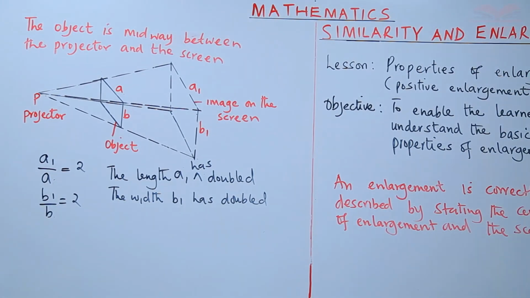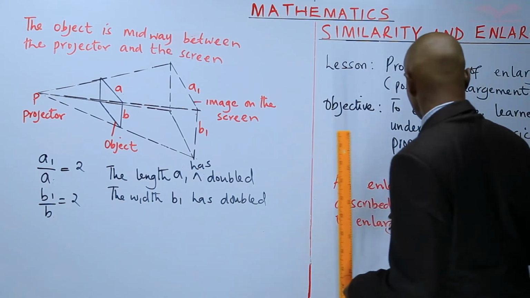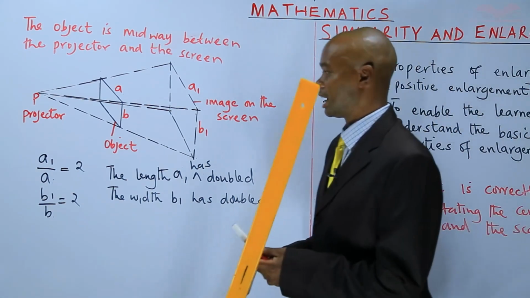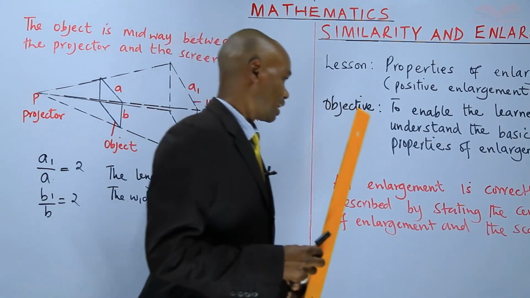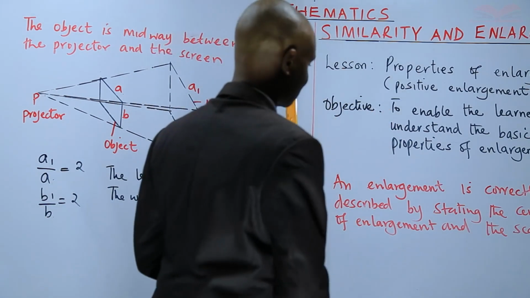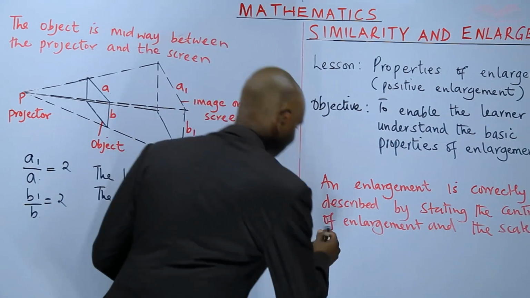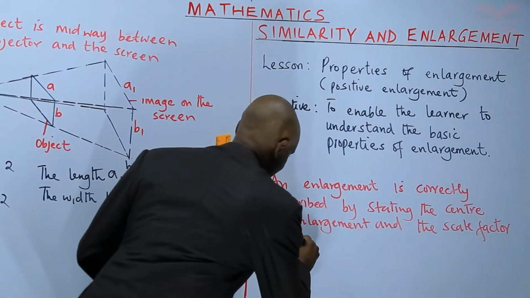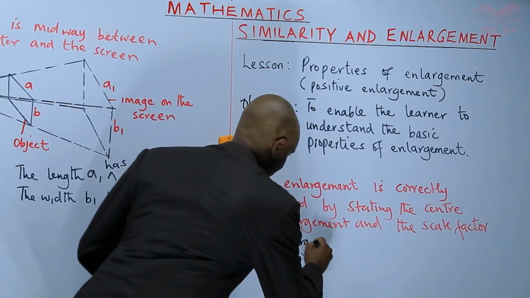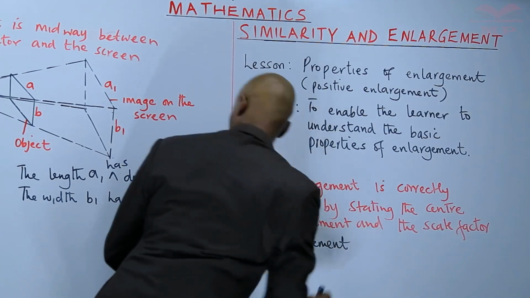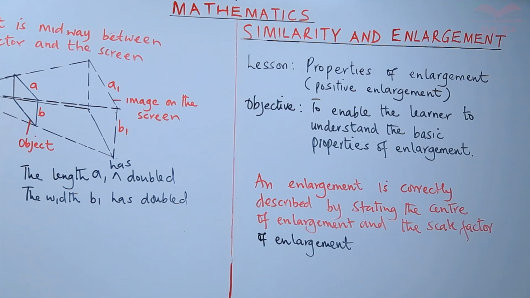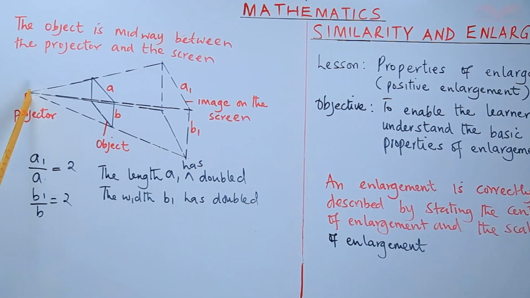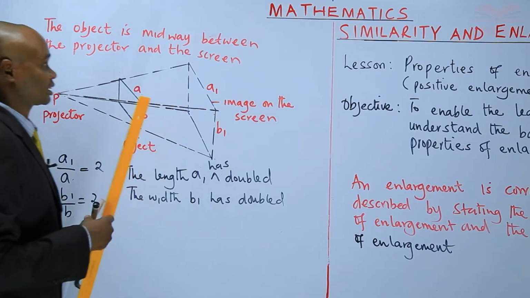So an enlargement is correctly described by stating the center and the scale factor of enlargement. If you are to describe this enlargement, we would state the center, P, and also the scale factor.